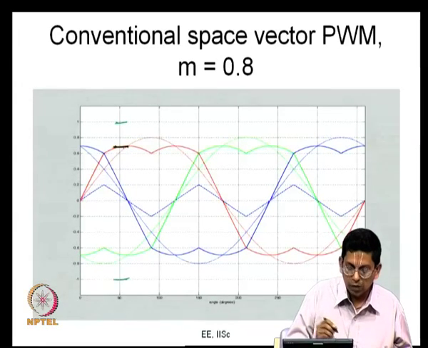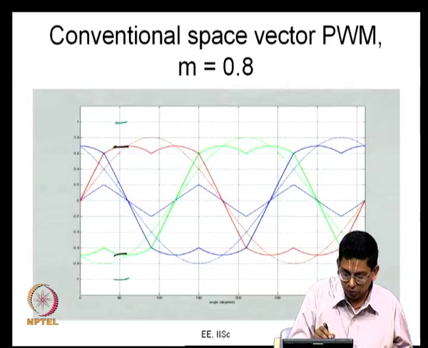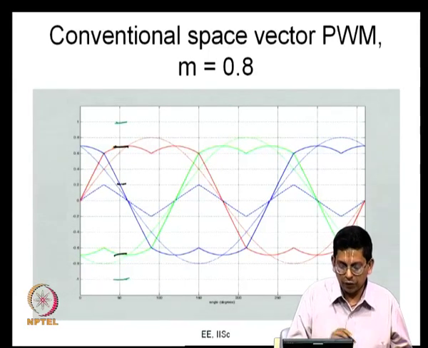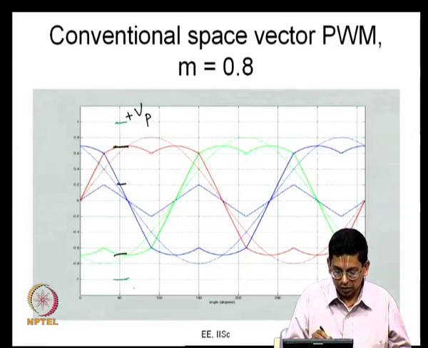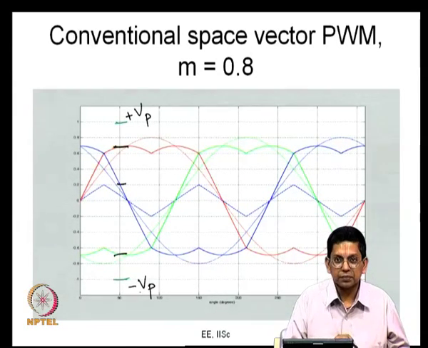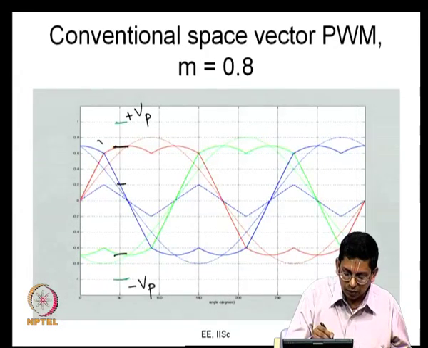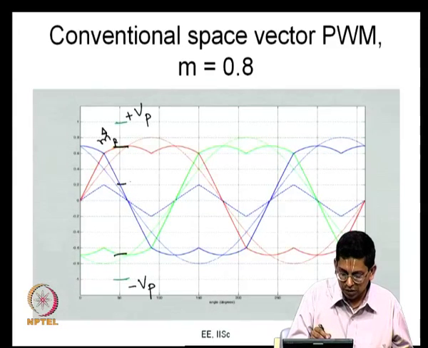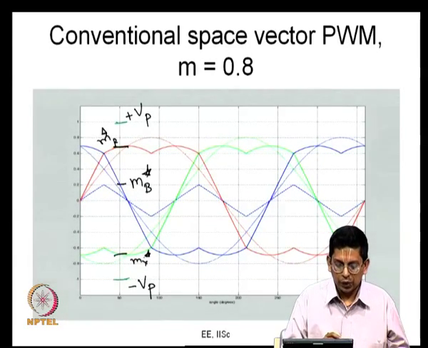So, this is your red, this is your yellow phase, this is your blue phase. Just to avoid confusion, I will make this clearer. This is plus Vp, this is minus Vp. And this is MR star, this is MB star, and this is MY star.